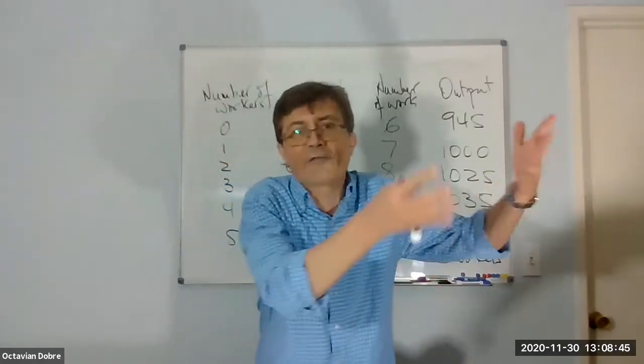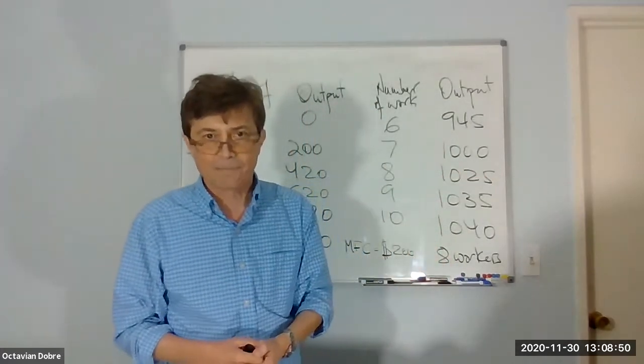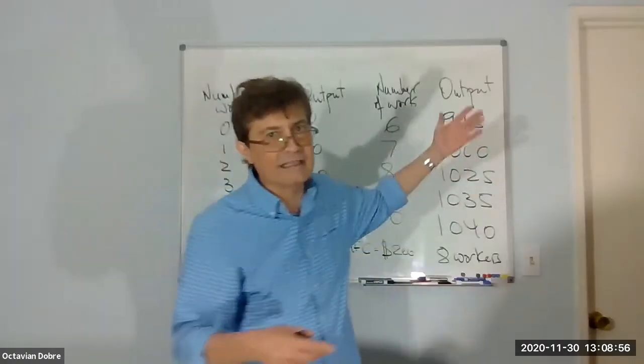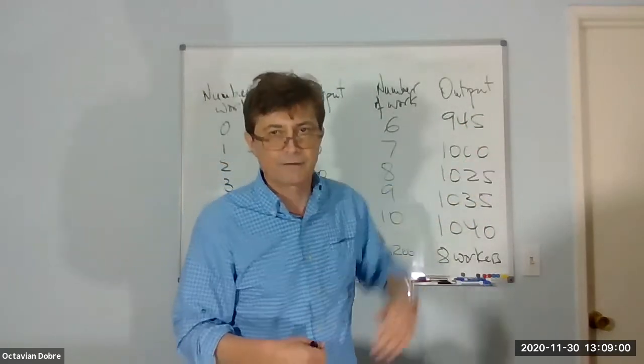What about the second column, what's the unit of that? 945 and 1,025. Those are 945 widgets, 1,000 widgets, whatever they're producing. If they're producing pianos, this is pianos. If they're producing shirts, this is shirts.